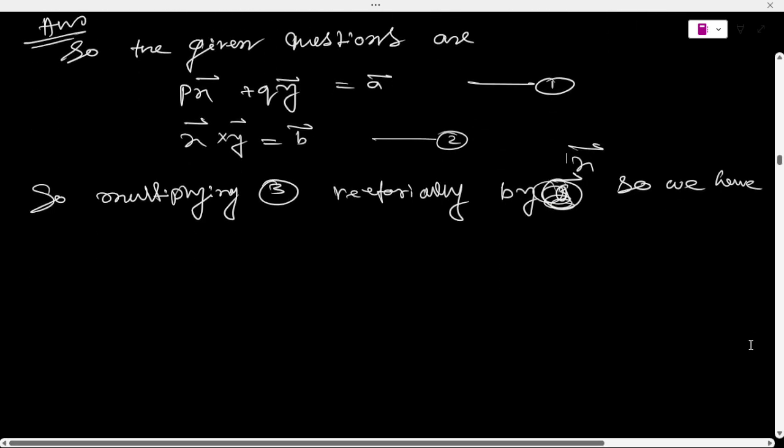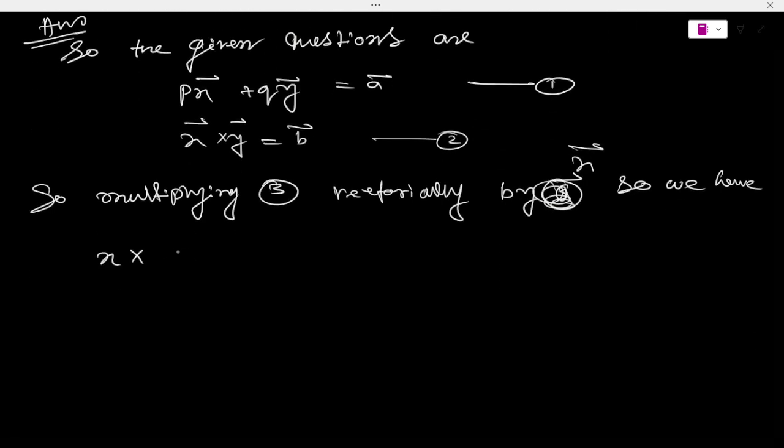So we get x cross p of x vector plus q of y vector is equal to x cross of a.